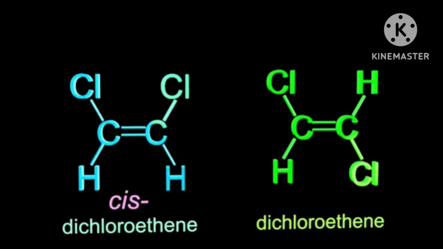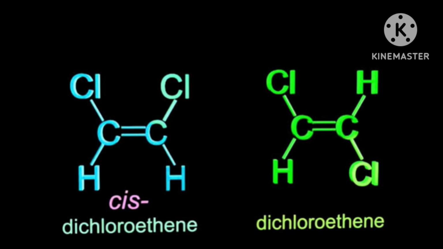The first two were straight chain: in the first, the double bond was at carbon number 1, so it is called but-1-ene, and in the second, the double bond was at carbon number 2, so it is but-2-ene.